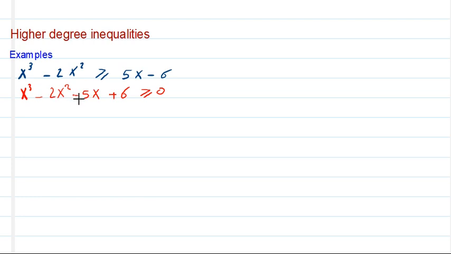In synthetic division, we assume a root of this equation from the roots of the constant. The roots of the constant are plus or minus 1 multiplied with plus or minus 6, so I have plus minus 2, plus minus 3.